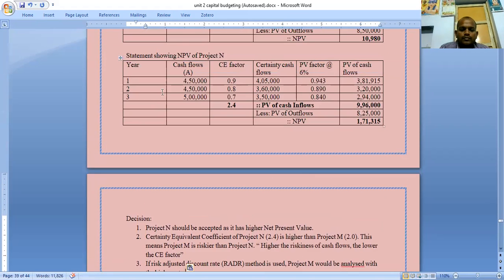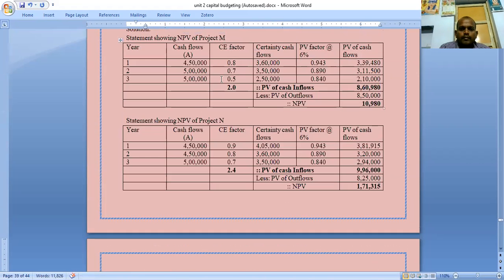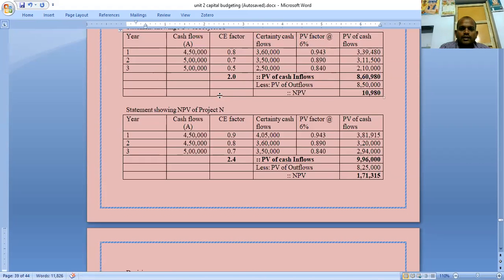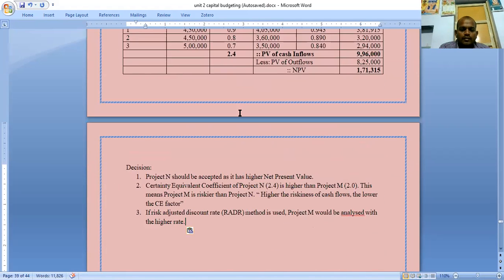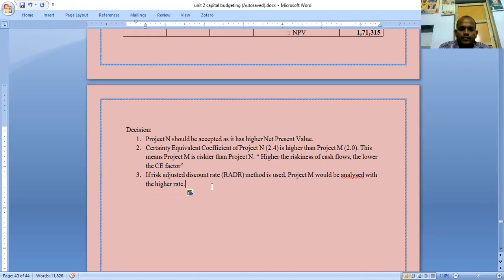Project M, because project M is more riskier. So if you want to analyze with the risk adjusted discount rate, it adjusts the discount rate for the project M.